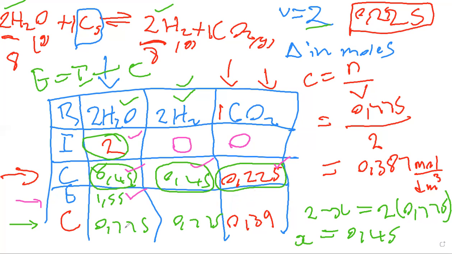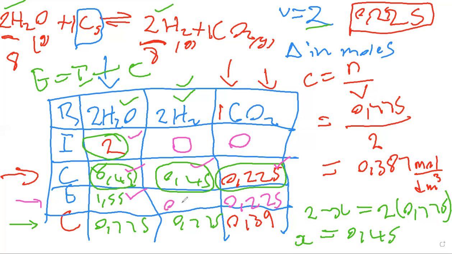Now this formula, I apply it. My E is equal to I minus C. So now 0 minus this over E. So that means over here I still have 0.225.